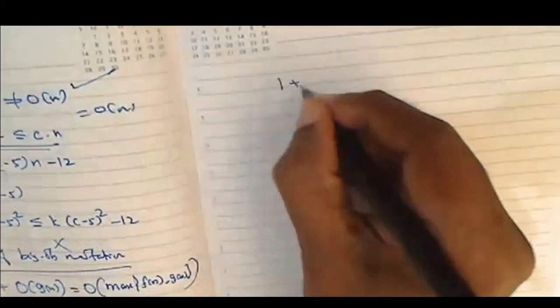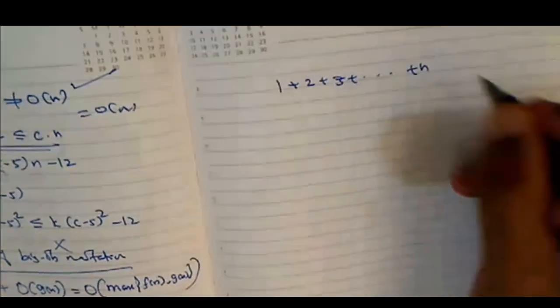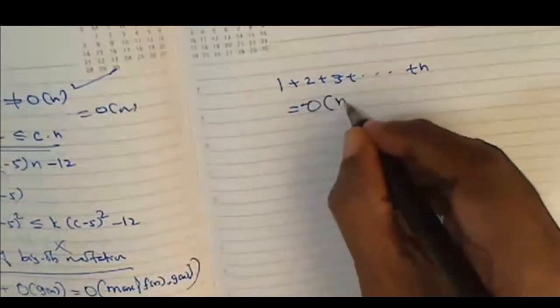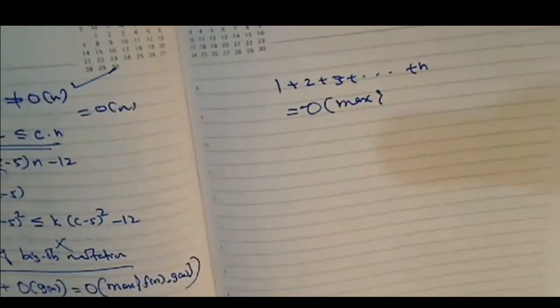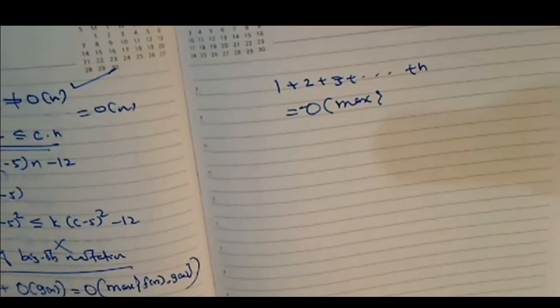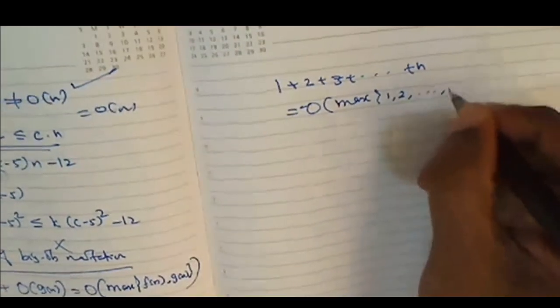Now if you have 1 plus 2 plus 3 plus etcetera plus n, I can write that as order of maximum of, according to this property, order of maximum of 1 comma 2 comma etcetera comma n.